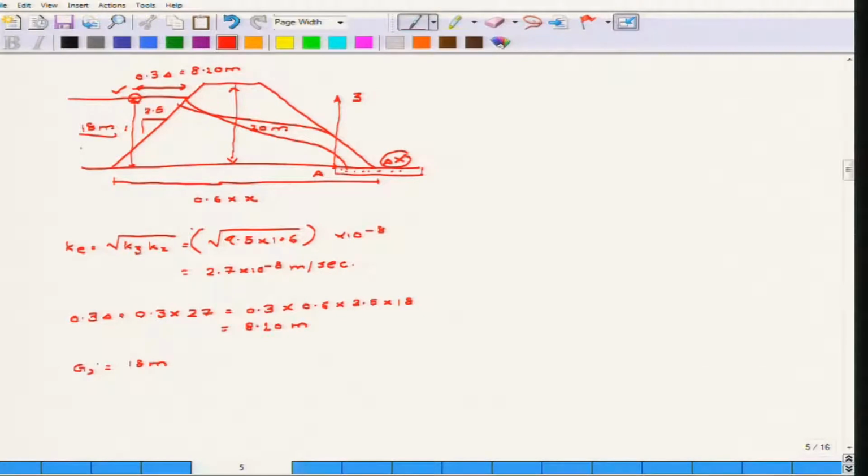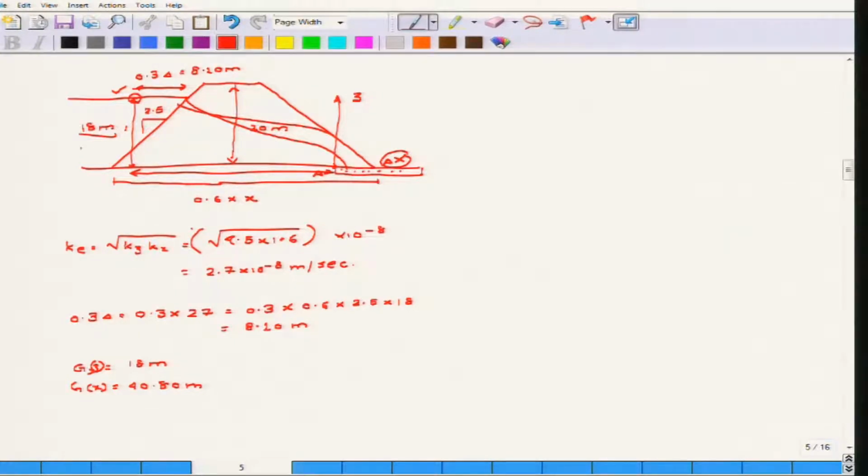So GZ is 18 meter, while GX is equivalent to 40.80 meter. If you consider along this length, because this is where the focus of the parabola is, from here this length comes out to be 40.80 meter.